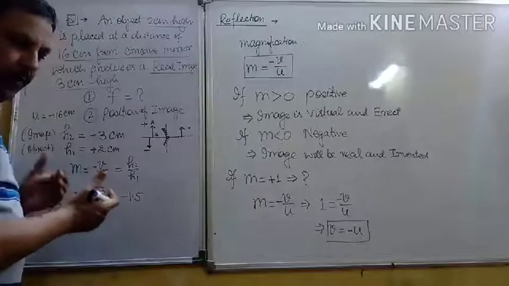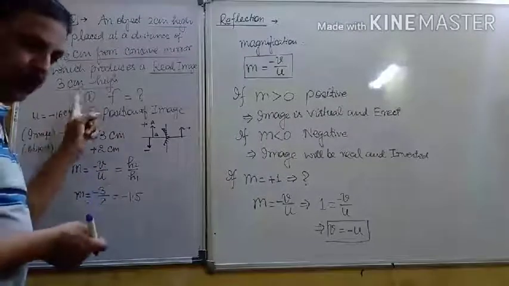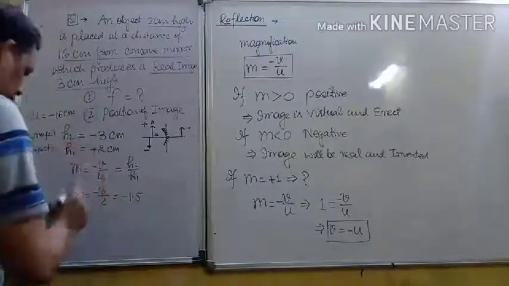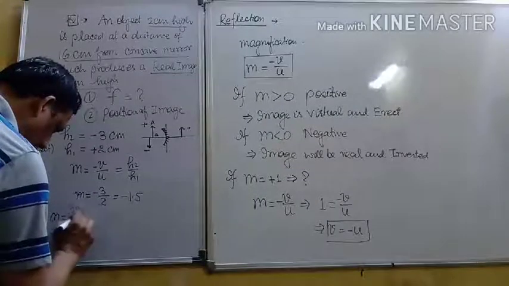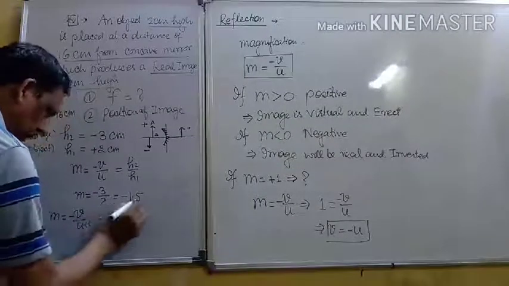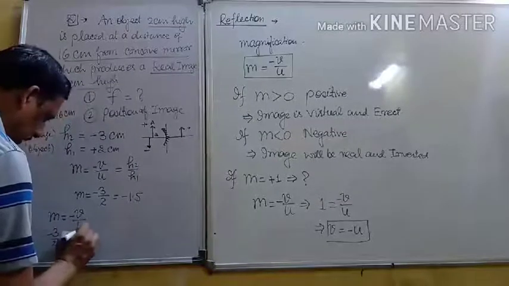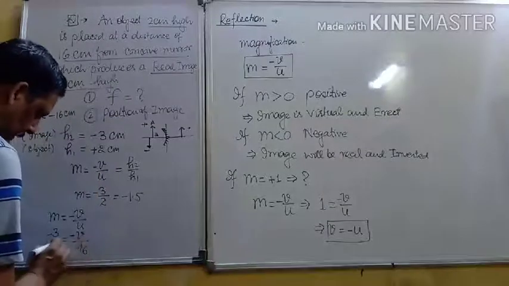Now we will find the image distance and focal length. Two things we have to find out. First of all we use the formula again. m is equal to minus v upon u. m we have found out, -3/2. v we don't know. u is given, -16. So 2 eights are 16, cancel out.